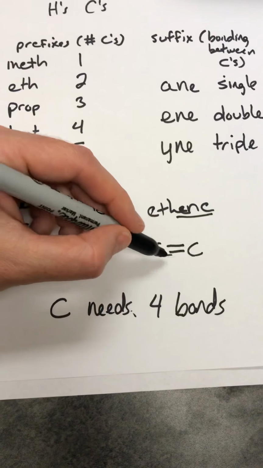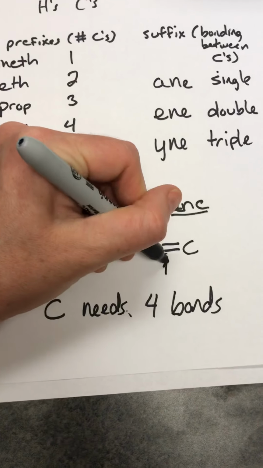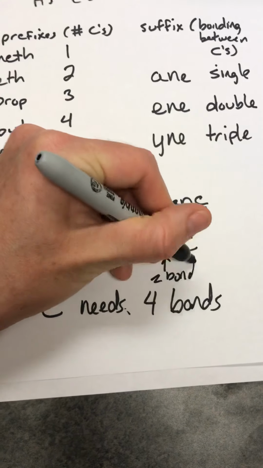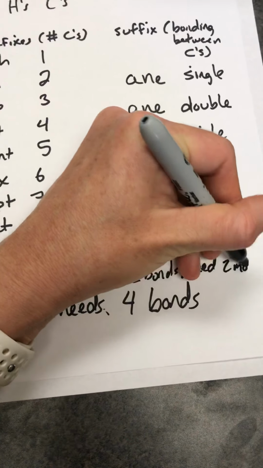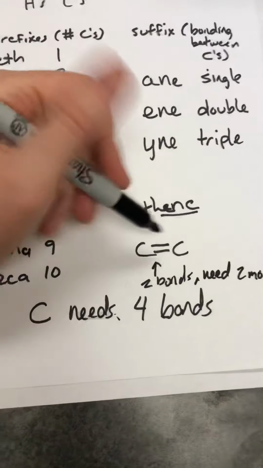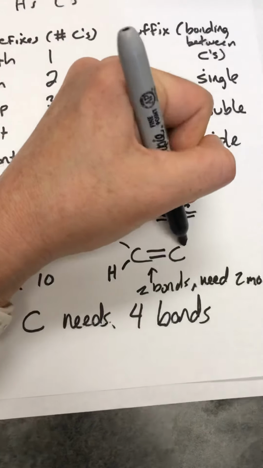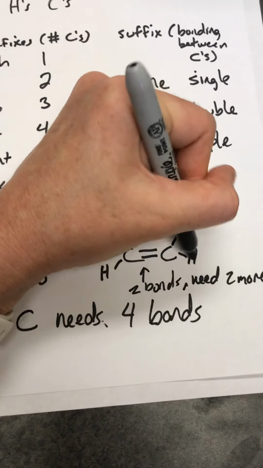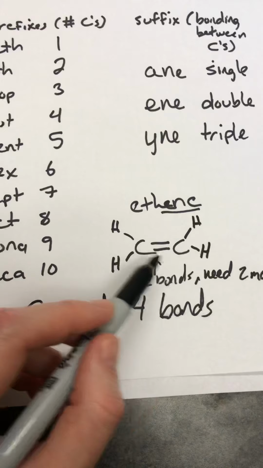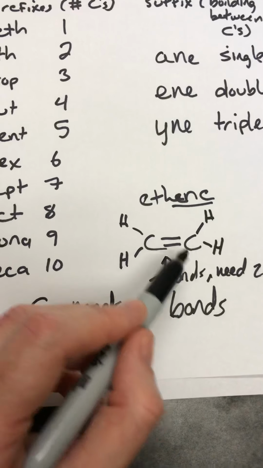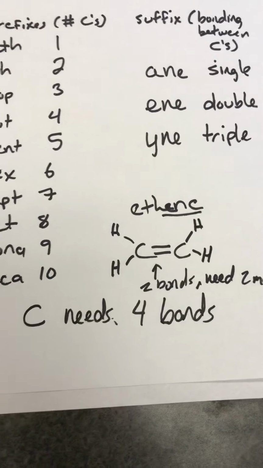It currently has 2 bonds, but it needs 2 more. So what you do is you fill in hydrogen with every additional bond that it needs. And this would be ethene. Carbon double bonded to a carbon with 2 hydrogens in each one, because this one as well had a double bond here, and it needed 2 more to get 4.